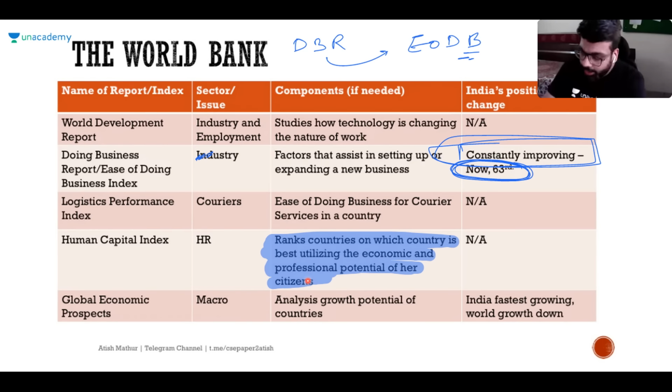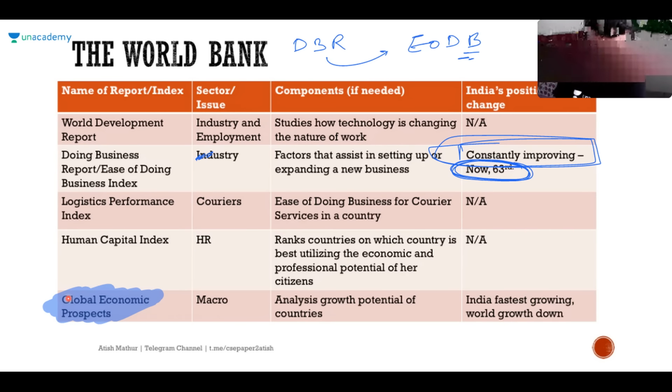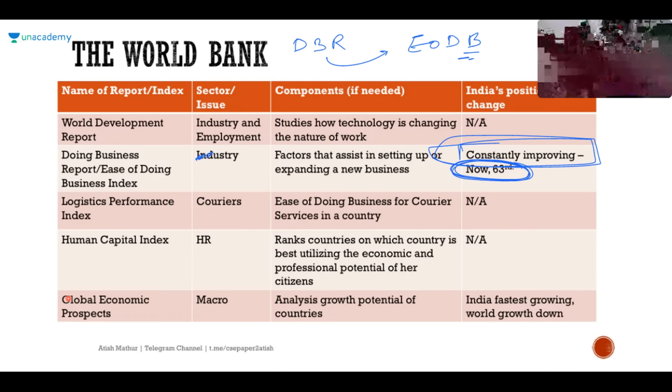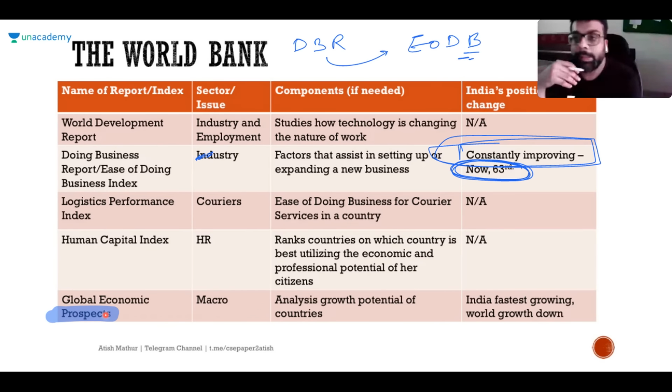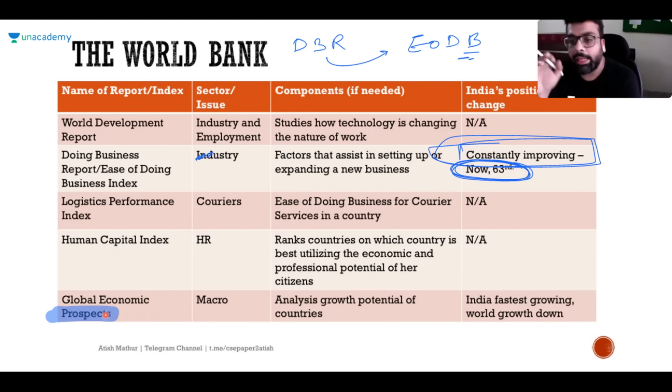Now, lastly, global economic prospects. The key word here is prospects. Prospects means potential for development. What conditions exist in a country, and what are the opportunities of growth in that country?